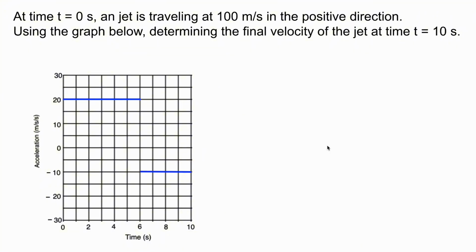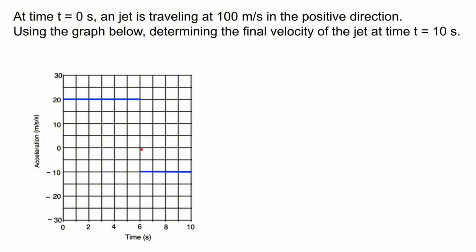So let's take this graph and apply it to a problem. So let's just say we're told that at time t equals 0, we have a jet and it's traveling at 100 meters per second in the positive direction. And it is subject to these accelerations. So I'd first look here and say, okay, 20 times 6, that would be 120 positive delta v's.